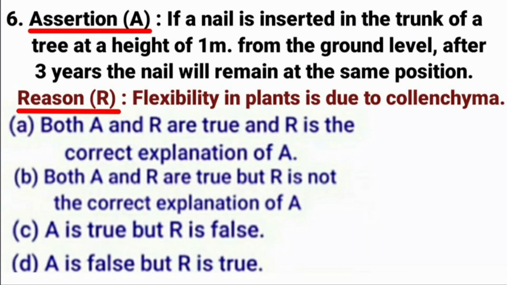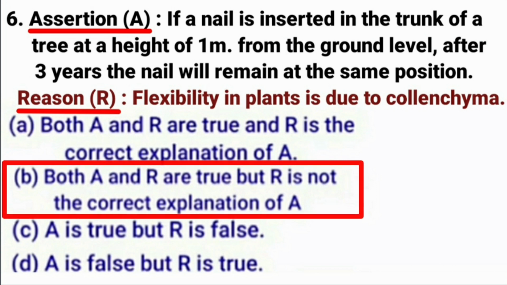Next question. Assertion: if a nail is inserted in the trunk of a tree at a height of 1 meter from the ground level, after 3 years the nail will remain at the same position. Reason: flexibility in plants is due to collenchyma. Here both assertion and reason are true, but reason is not the correct explanation of assertion.